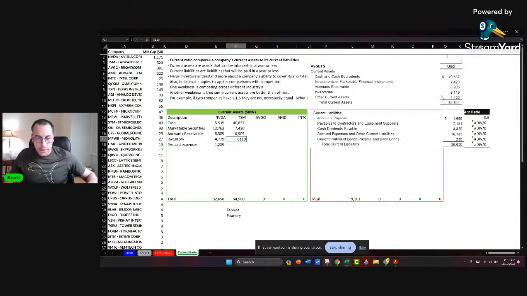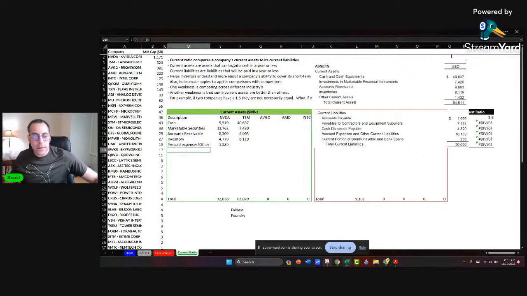Inventory 8119, prepaid expenses. Sometimes they say other. Next company we'll look at the prepaid expenses, what that is, if you're curious, because that's a good goal, and that's my goal.